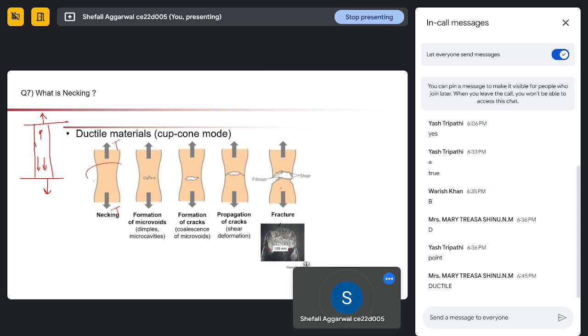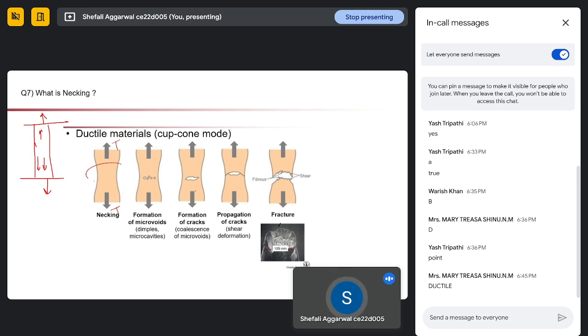This type of failure is called cup and cone failure. At one point you will see a cup kind of thing, and at another point a cone. Only in ductile material will you see this type of failure, and the shape which forms is called the necking of the material.